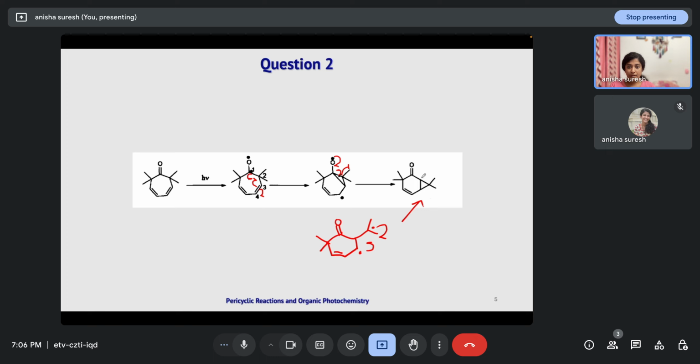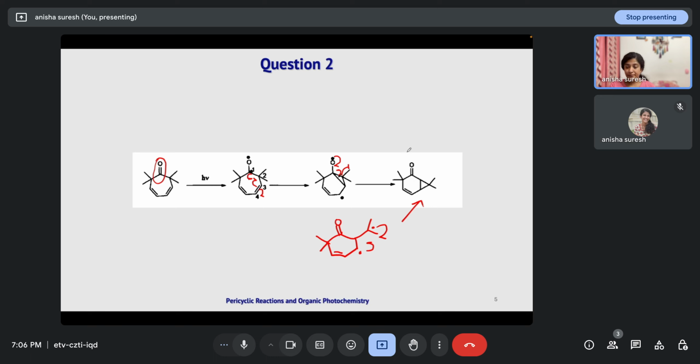So first, under a photochemical condition, this carbonyl will excite, leading to formation of an O radical and carbon radical. Then the carbon radical will react with the adjacent alkene, resulting in the formation of a cyclopropane and a secondary radical. Now what will happen? Once the carbonyl is forming again, this bond will be breaking, leading to formation of the more stable tertiary radical, and that tertiary radical will recombine with the secondary radical, resulting in the formation of a cyclopropane and a six-membered cyclohexenone.